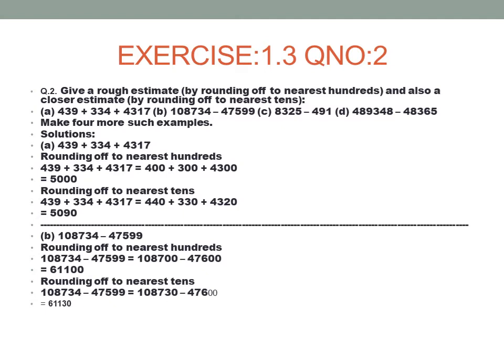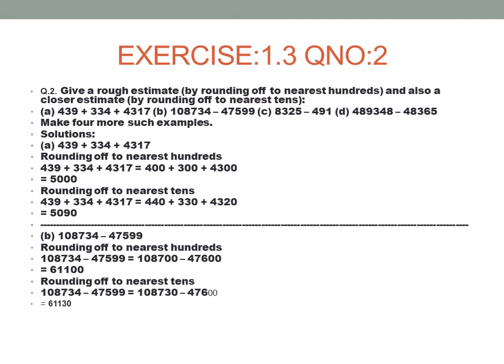So we will take 30 in the place of 34. 17 lies between 10 and 20, but it is near to 20. Now these numbers rounding off to the nearest tens, we can write it as 440, 330 and 4320. When you add up all these numbers, we will get 5090.